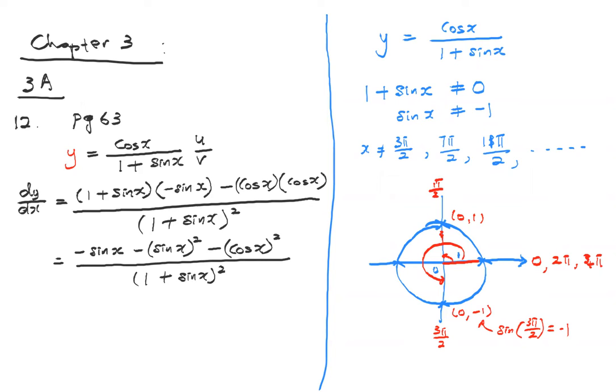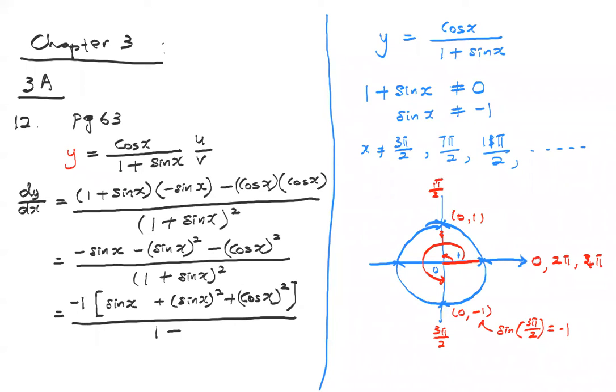So what we can do is we can take out the negative. Now I have sin x plus sin square x plus cos square x. Okay, we know that identity. Still remember your identity? sin square x plus cos square x, the answer is 1.